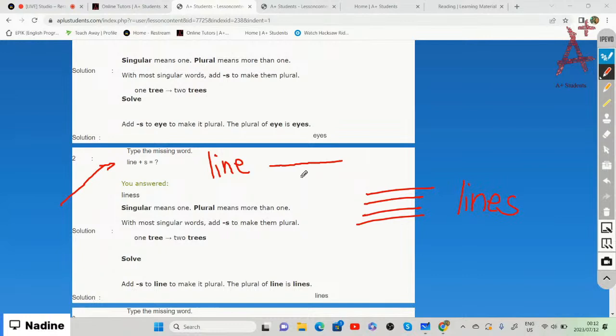There we only have one line. So line shows it is singular. But anything that is more than one, there we have one, two, three, four lines. That shows that it is plural. It is more than one, and we added an S, right, to make the word plural.